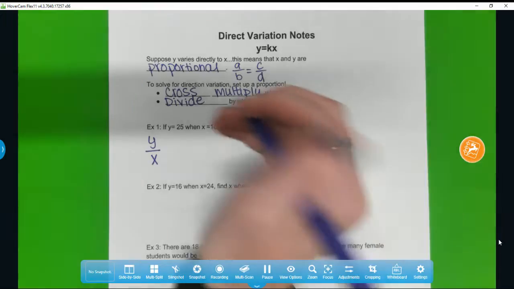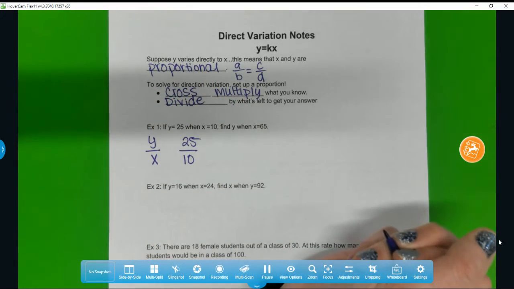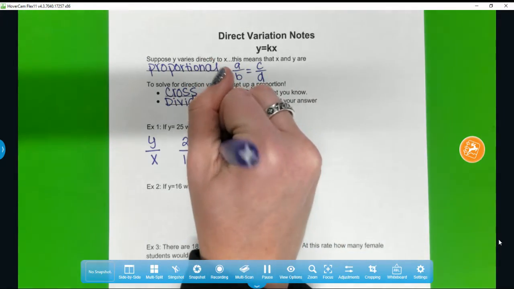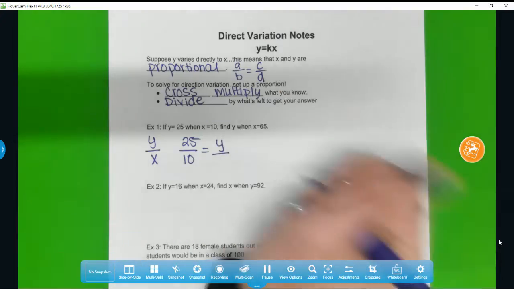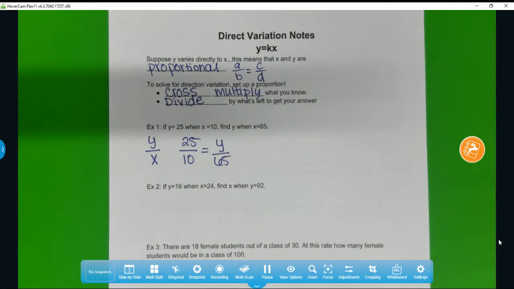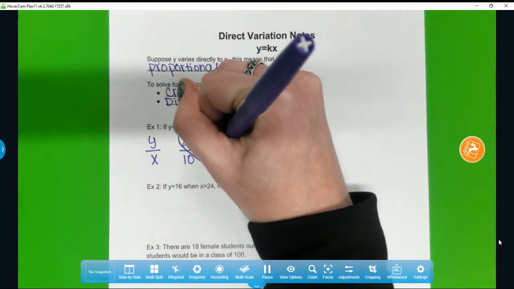So y over x, we're going to have 25 over 10, because those are the two that went together, equals, I don't know the y, so I'm going to put y over 65. Okay, so I'm going to cross multiply what I know.